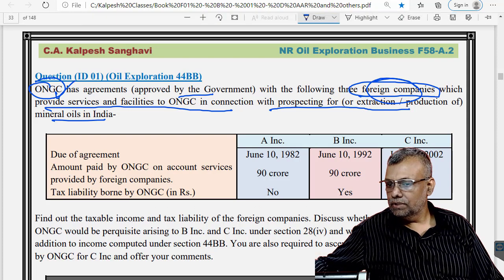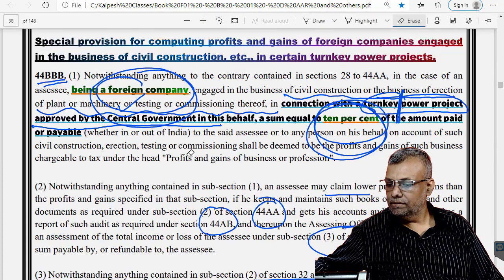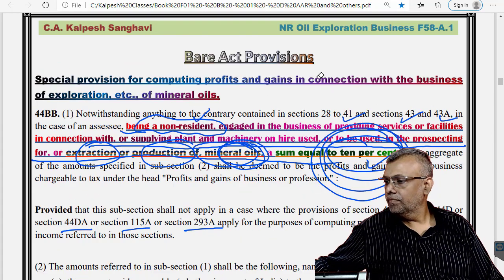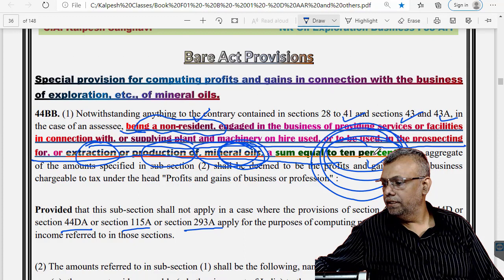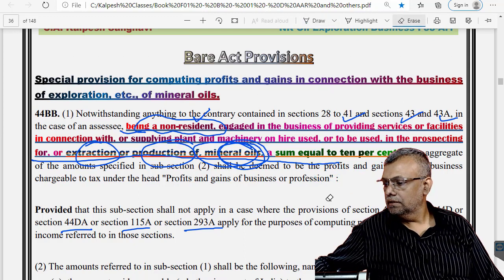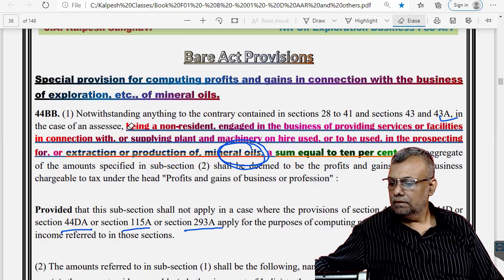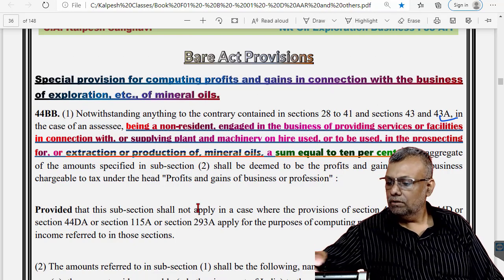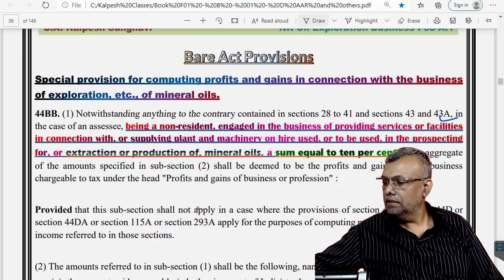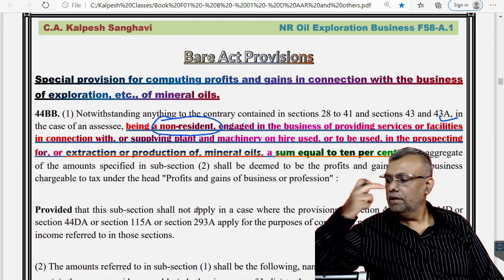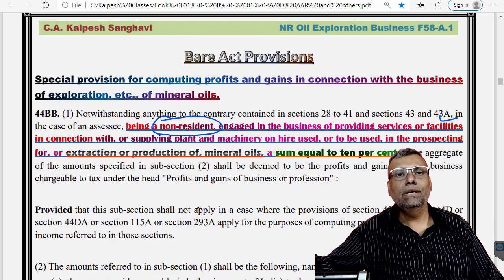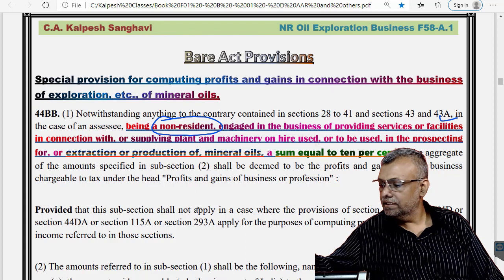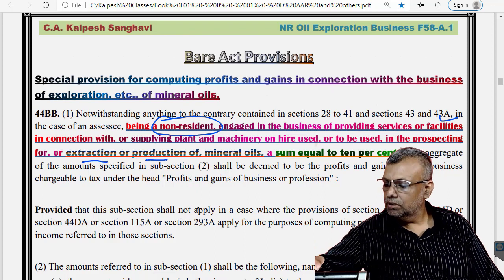If you see these particular provisions, section 44BB provisions, you need to pay a little bit of extra attention. Here, if you note, the government has also approved that agreement. The assessee being a non-resident, in our example a foreign company, is engaged in the business of providing facilities etc. in connection with the extraction and production of mineral oil.